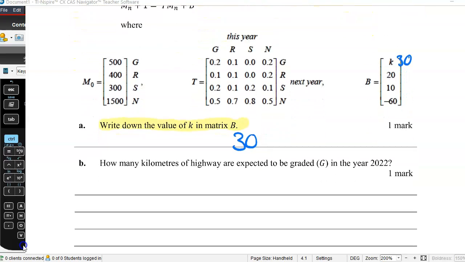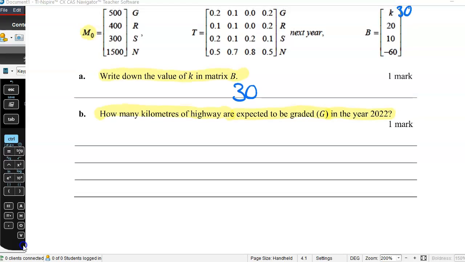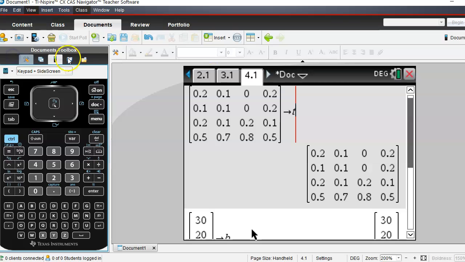So, how many kilometres of highway are expected to be graded, G, in the year 2022? M0 is 2020, so M1 is 2021, so M2 is 2022. All right, so let's look at our calculator. I've loaded those matrices in already to save us a bit of time.